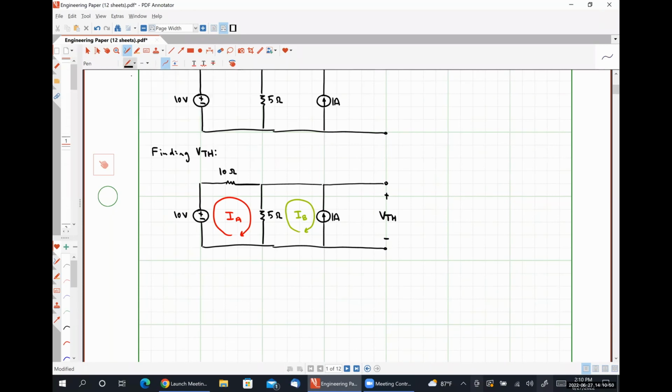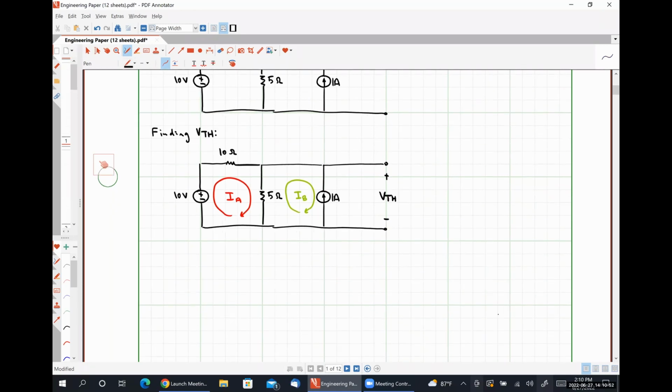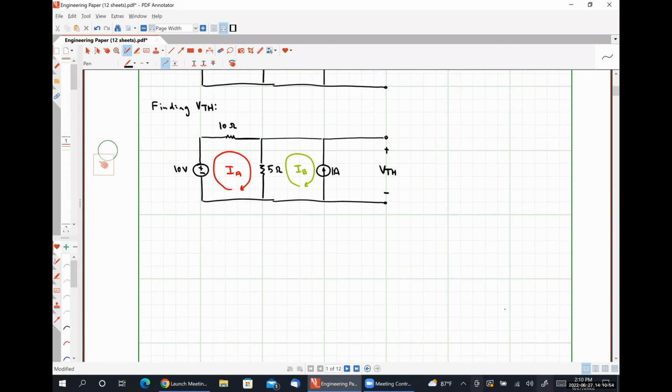All right, so we don't have any dependent sources, so we don't need to write a controlling variable relationship. We do have a current source, so we can say that IB is equal to -1 amps because IB is flowing down as it flows through the current source, and the current source tells us that it's supplying 1 amp of current in the up direction.